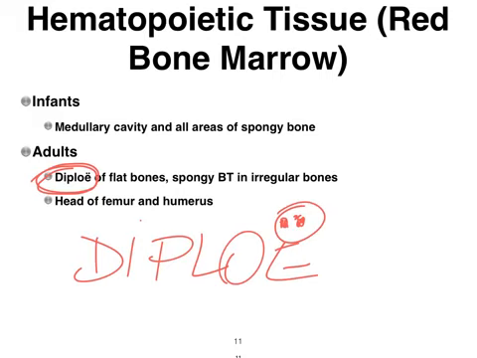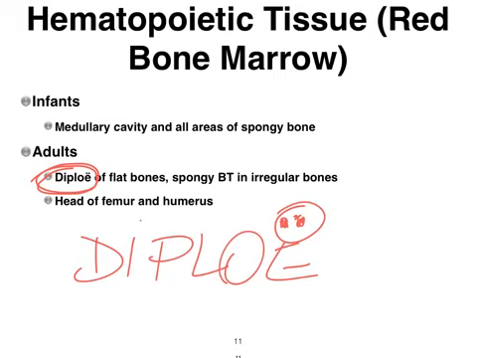So I tried to fix it for most of the questions, but on occasion it might start with diplo and then throw some weird symbol in. But I think you'll be able to recognize it, okay? At any rate, the diploë is another name for the spongy bone tissue in flat bones, in flat skull bones, more specifically.